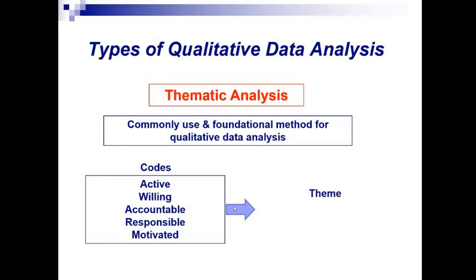A theme is the broader concept that represents the codes that we got out of our participants' transcripts. By looking at these codes, we realize that they can be grouped together in a concept we call individual participation.